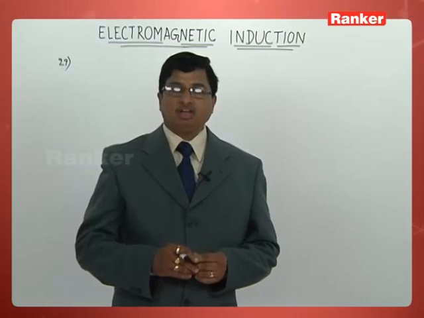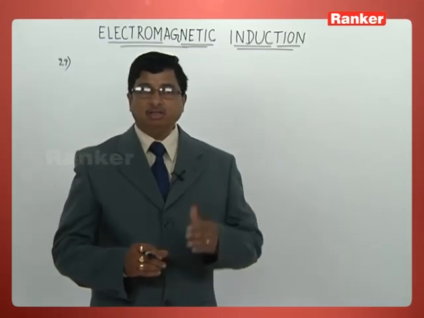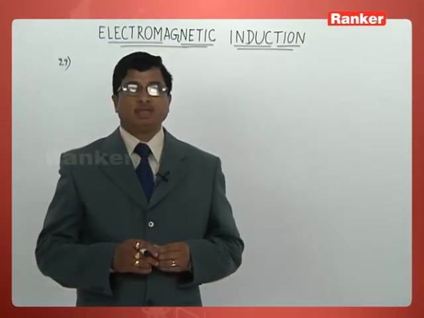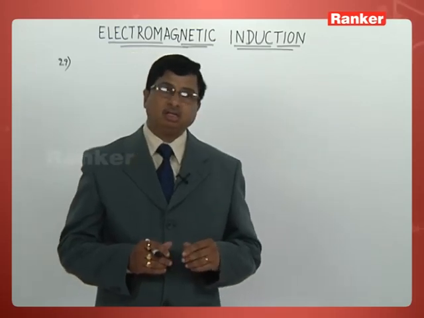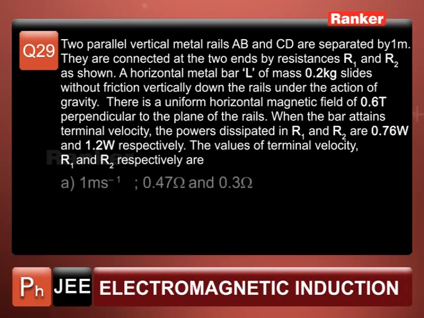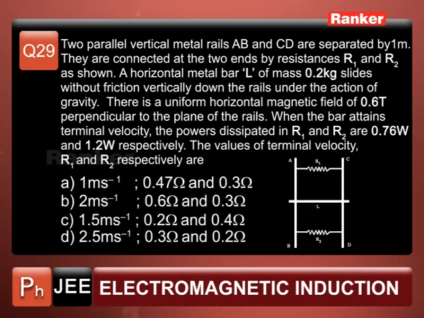Let us check the next number, that is 29. Even this problem has been one of the IIT models earlier. When I read it out, you can understand what has been given there. Two parallel vertical metal rails AB and CD are separated by 1 meter.